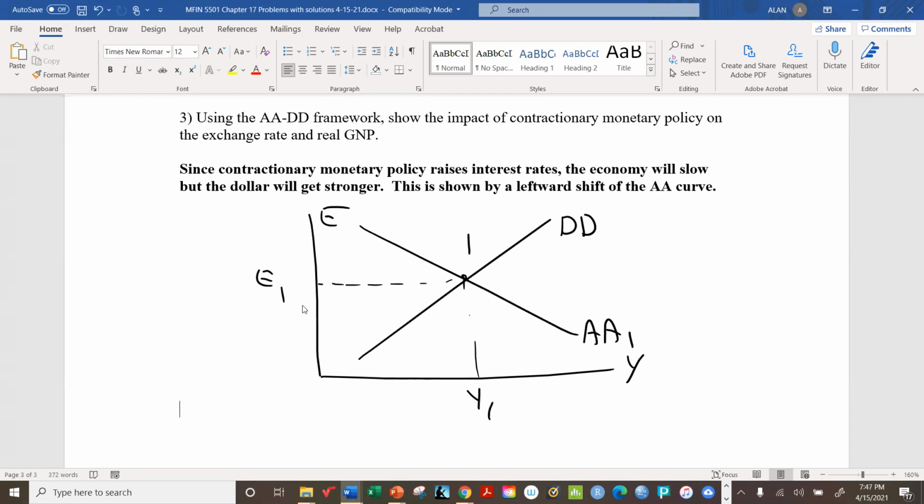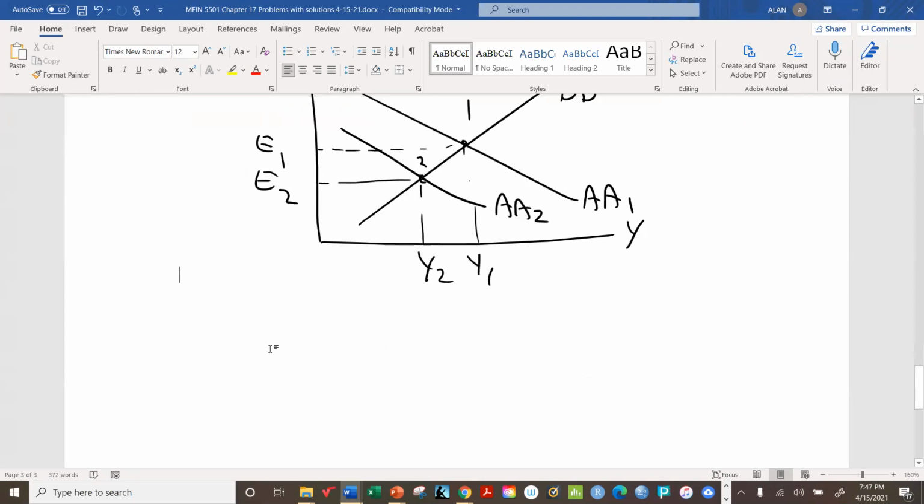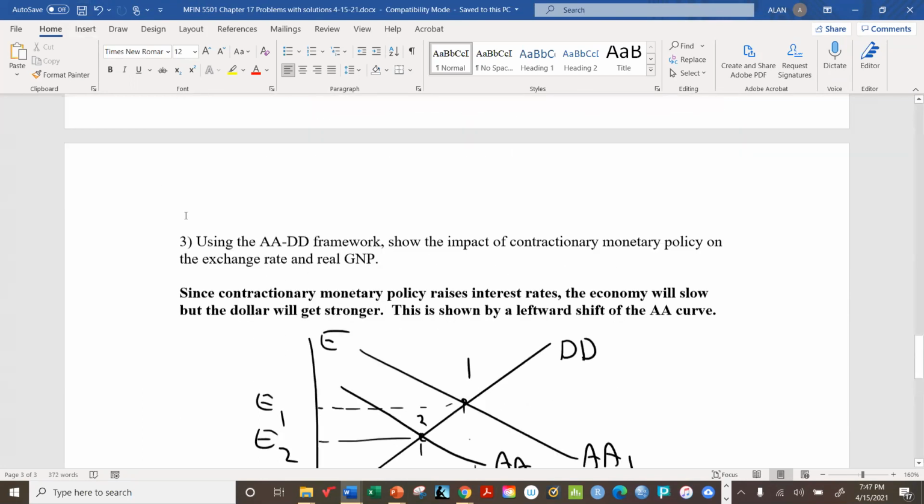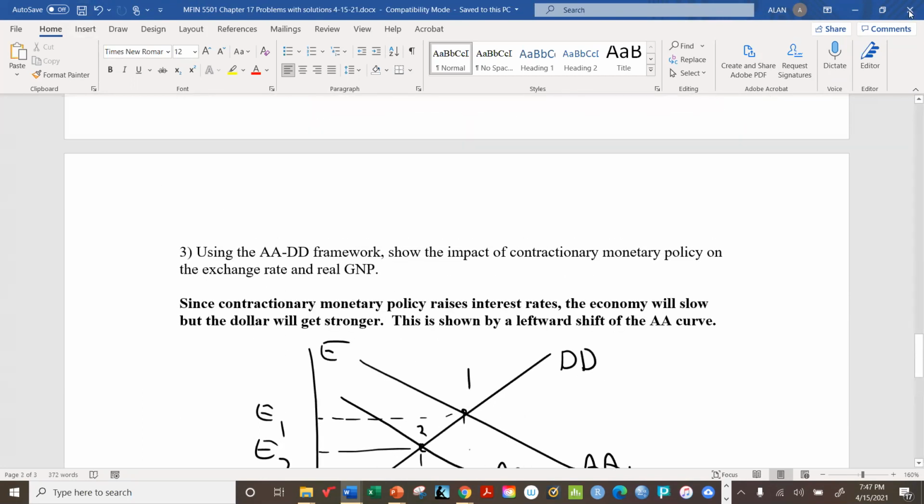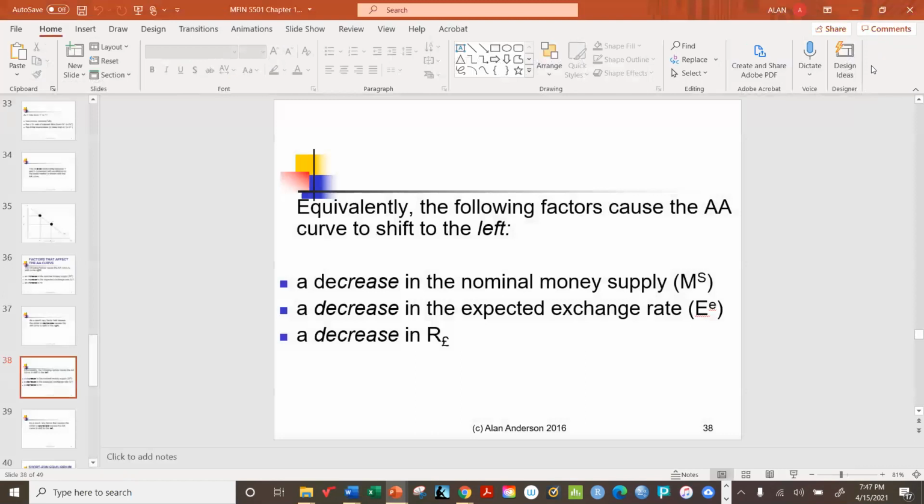So when AA shifts to the left, output is dropping, but the dollar got stronger. Okay, so that's that. All right, great. So those are both done. And now we can get back to where we were.